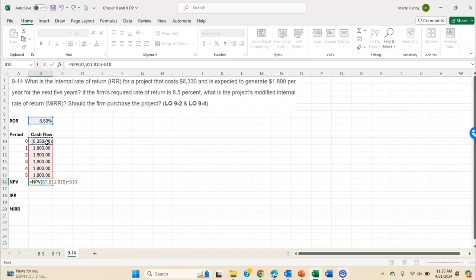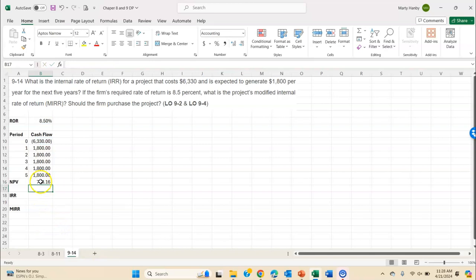NPV calculates the present value of these cash flows, and then we add back the cost. And if it's positive, then we would invest in the project. So in this case, it's $763.16.